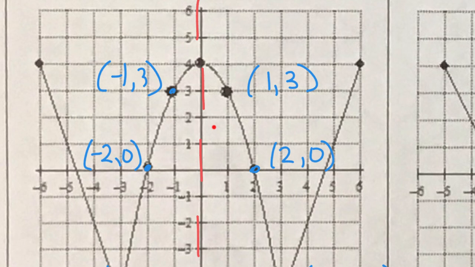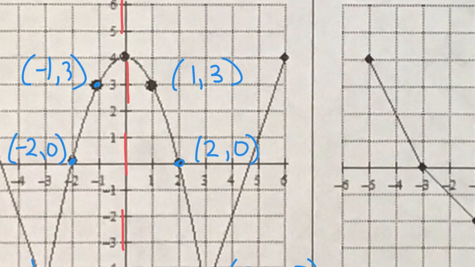The y value over here compared to the y value over there. The y values are staying the same. If we have a y-axis reflection, the y values don't change. The point just goes from the right side exactly to that same y value on the left side. But what do we notice about the x's? The x's do change. For a positive on the right, we have its equal and opposite negative on the left.